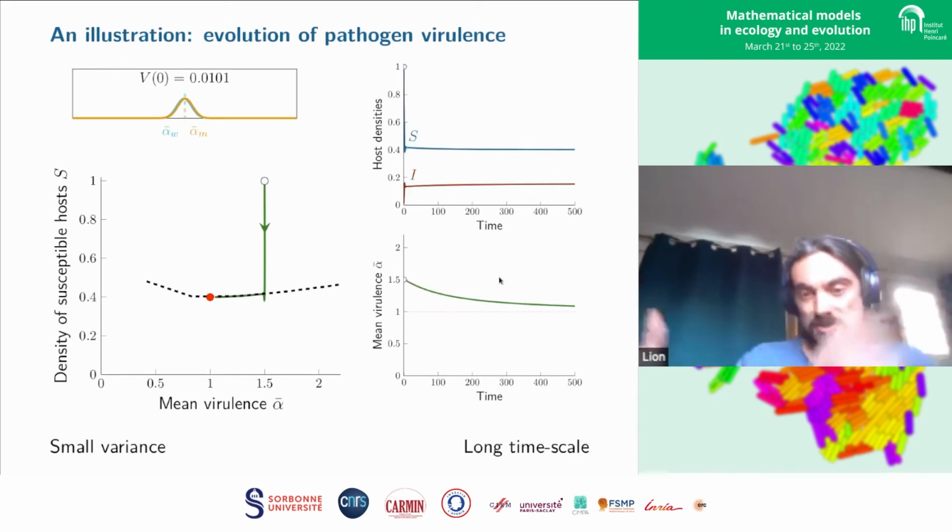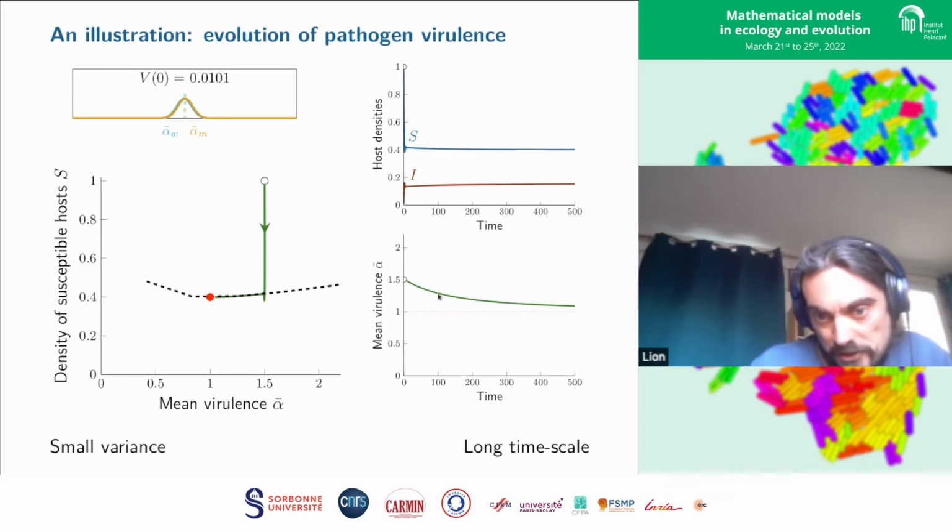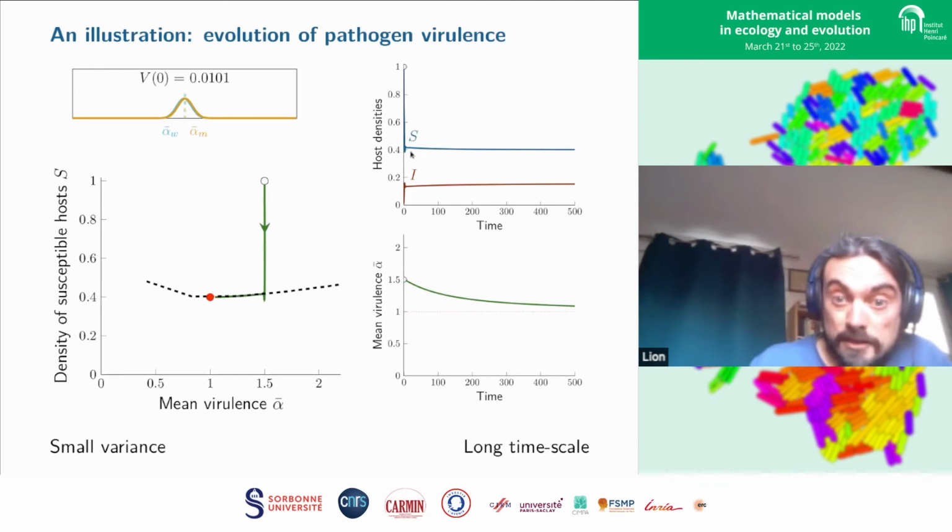And if we look at the longer time scale, we see that we're slowly going to this red line, which corresponds to this red dot, which is the maximization of R naught in that case. And the equilibrium tracks this slow change very gradually. This is the case where we have a unimodal distribution.